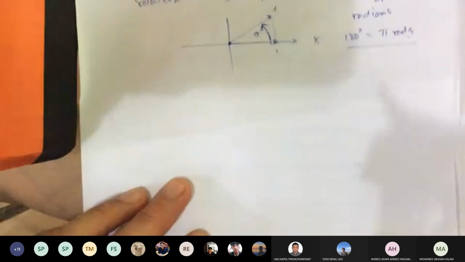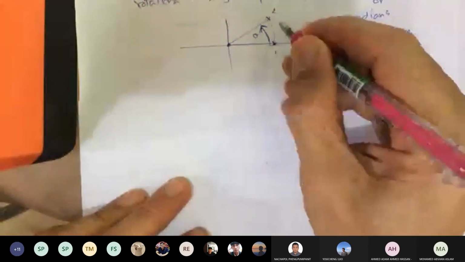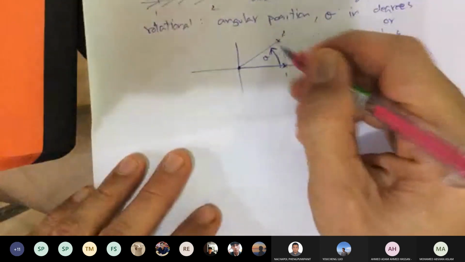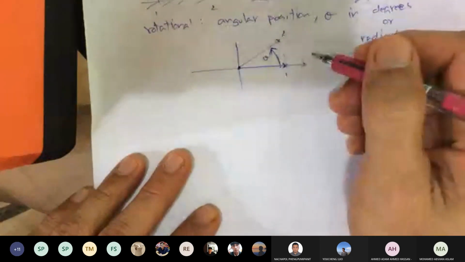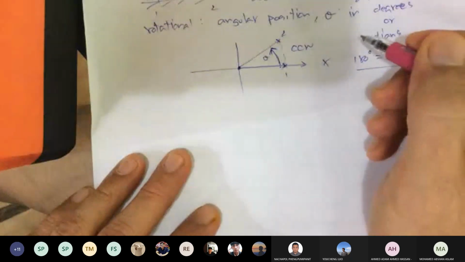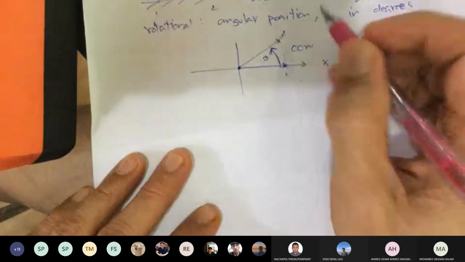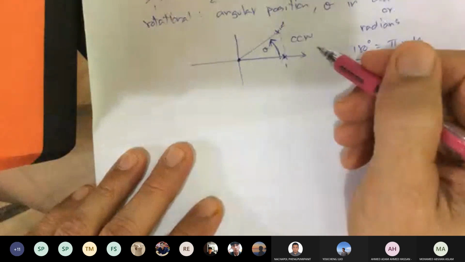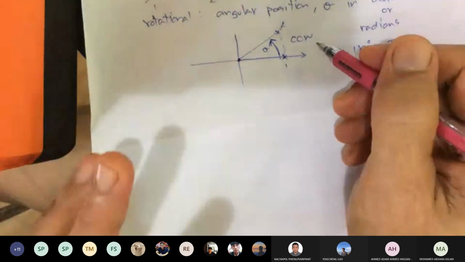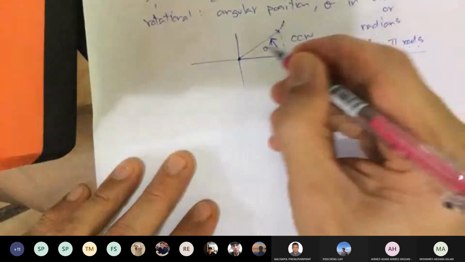So if I move from point 1 to point 2, I'm moving counterclockwise. 1 to 2. If the direction is like that, I call this positive.